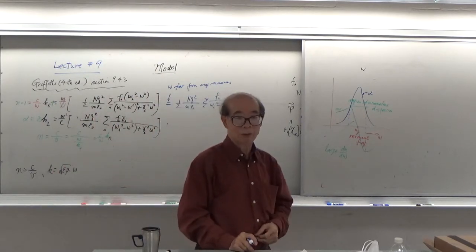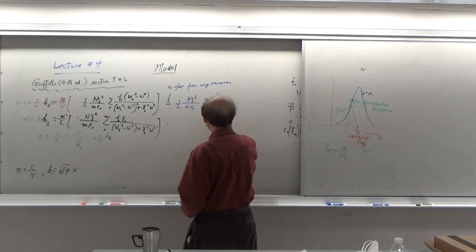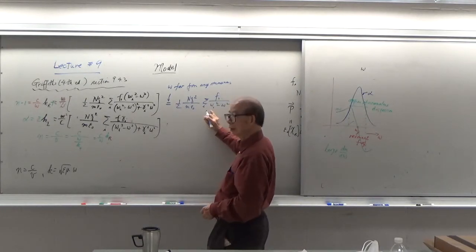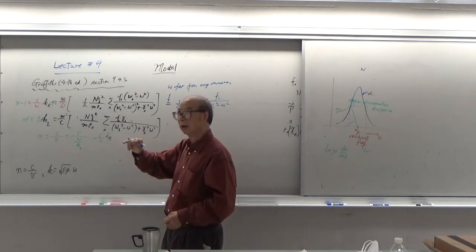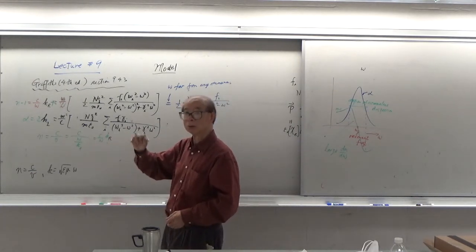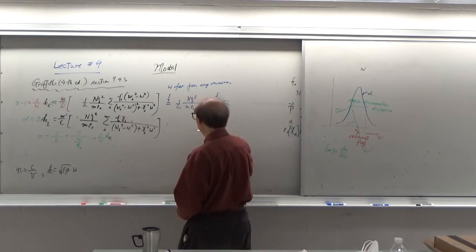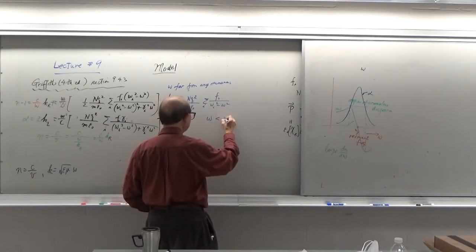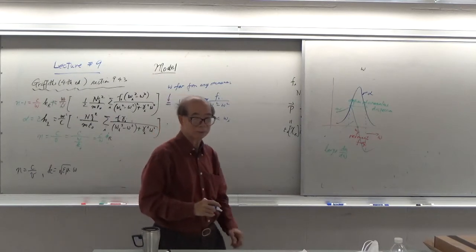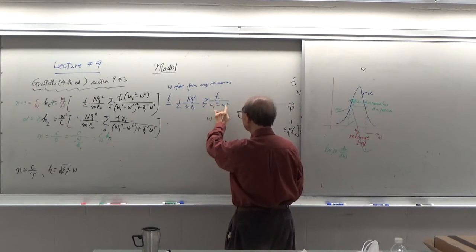Now, for most transparent media, the first important resonant point lies in a frequency range something like the ultraviolet region. So normally we talk about light with frequency less than that resonant frequency, so that this is positive.